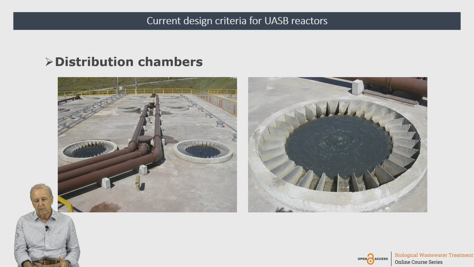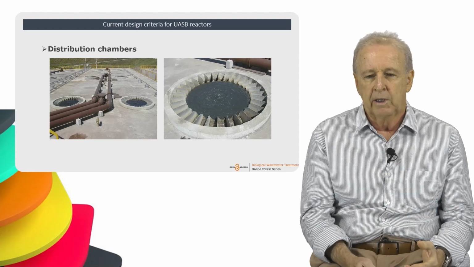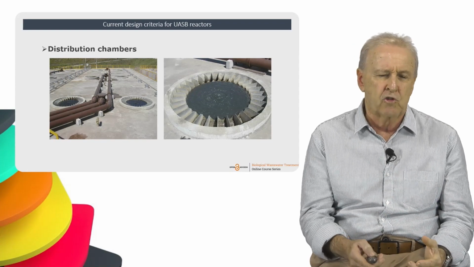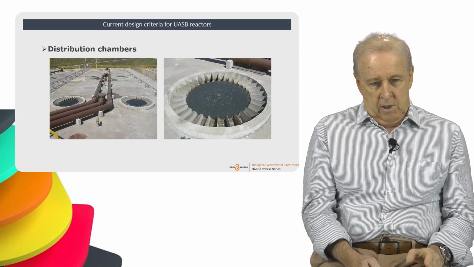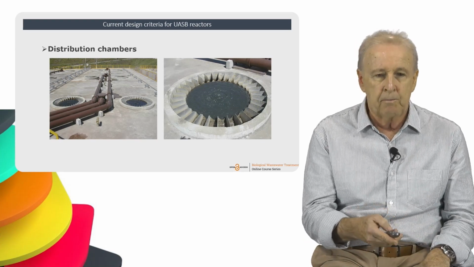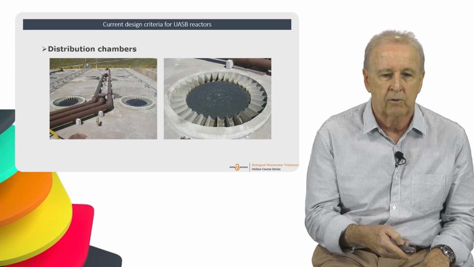For instance, if there are no sieves in the preliminary treatment unit, we are going to have solids in the distribution chambers that can block the pipe that goes to the bottom of the reactor, because this pipe has a diameter usually limited to 75 millimeters, 3 inches. So it's a good example of a distribution chamber on top of the reactors.